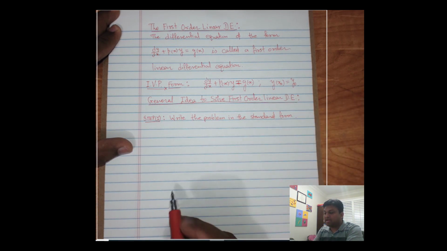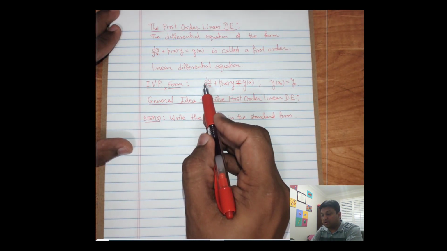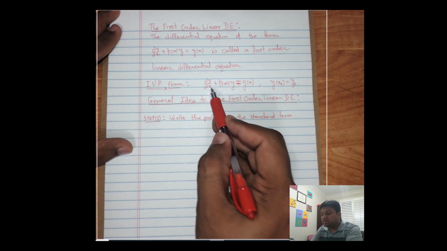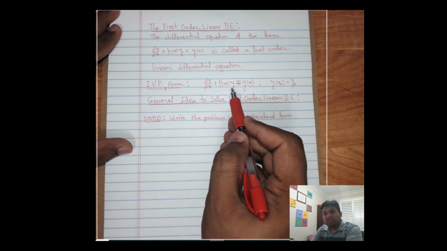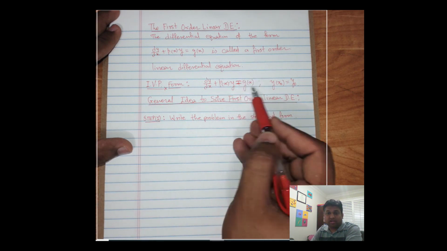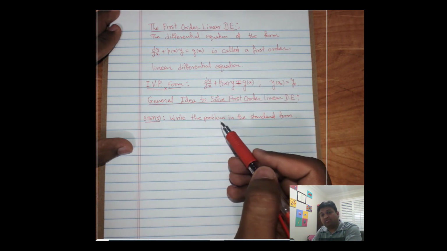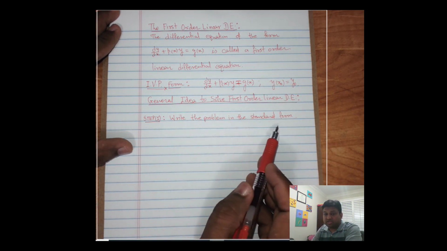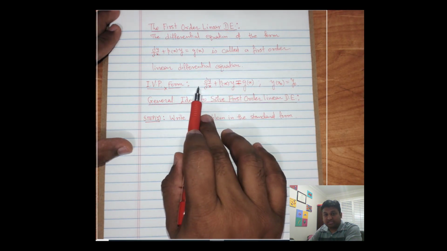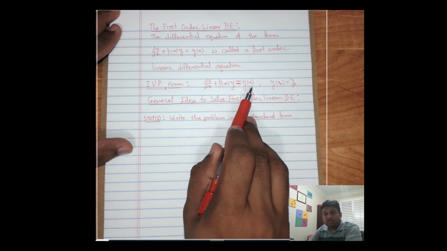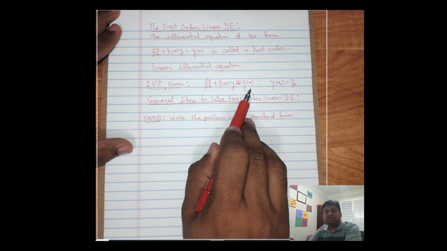Alright, step number 1, write the problem in the standard form. By standard form I really mean the following. The coefficient of the dy by dx term needs to be 1, and then this term must be followed by the y to the power 1 term multiplied by a function of x. Anything that is purely related to x has to be on the right side of your equation. The term that doesn't have y in it must be sitting on the right hand side of your differential equation.